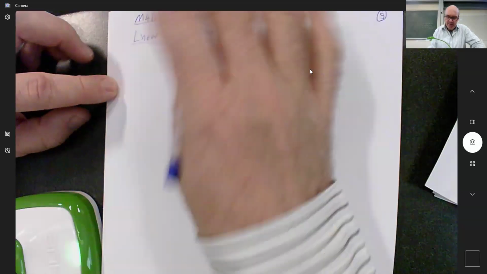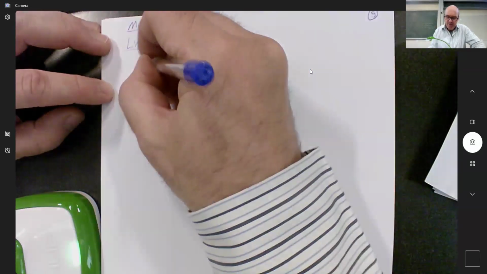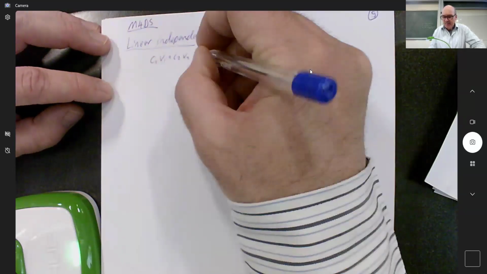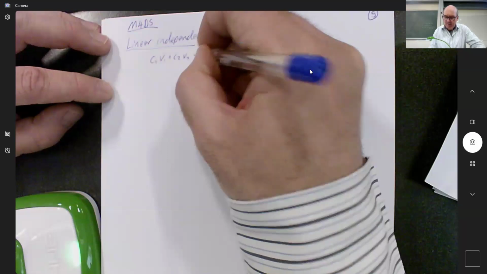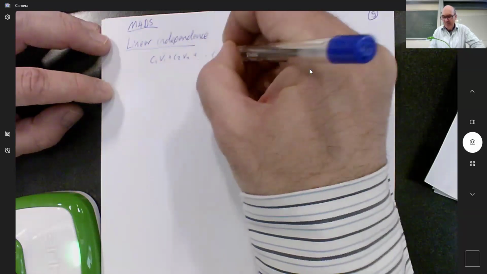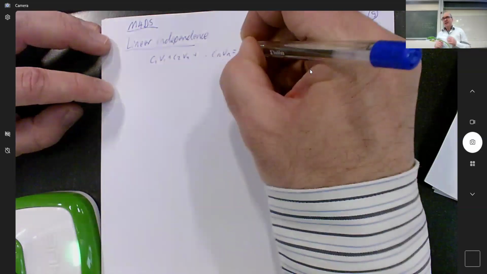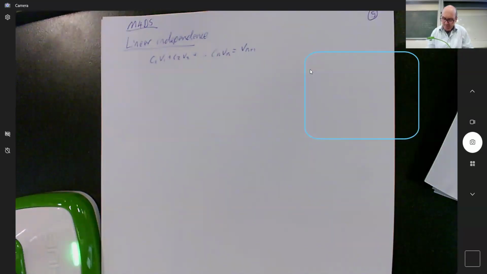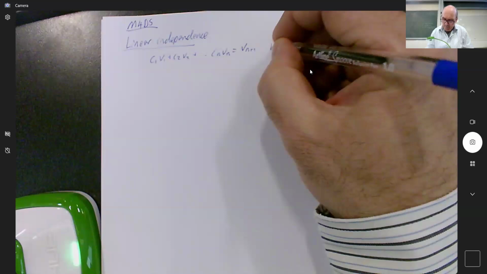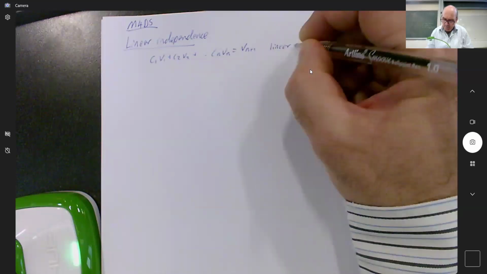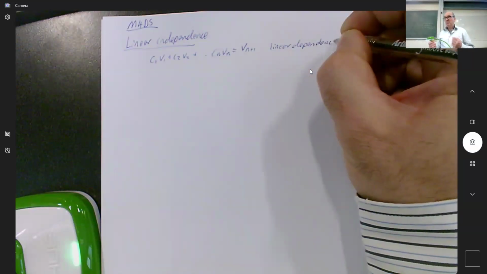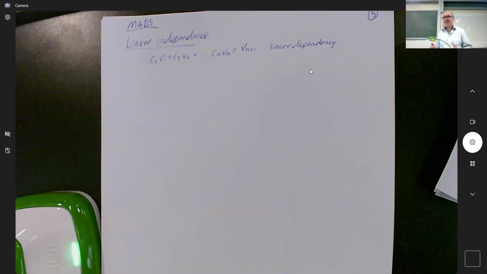They said if I have like c1 v1 plus c2 v2 plus whatever, cn vn is equal to, I don't know, say vn plus 1, they referred to that as a linear dependency. Great. Linear independence is a set of vectors without any dependencies.